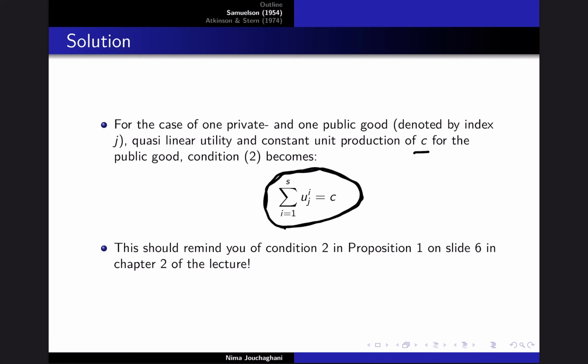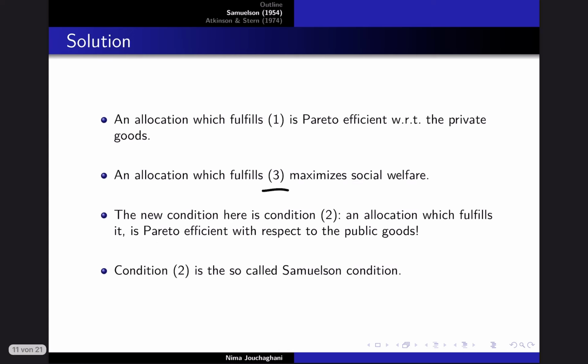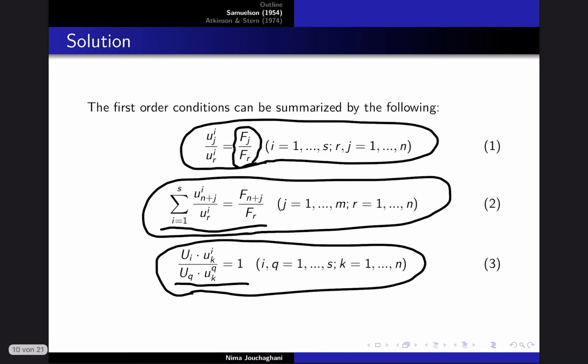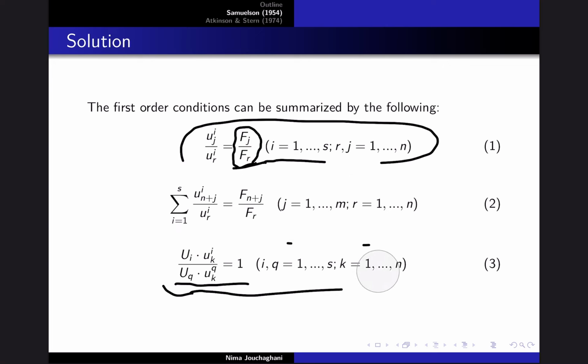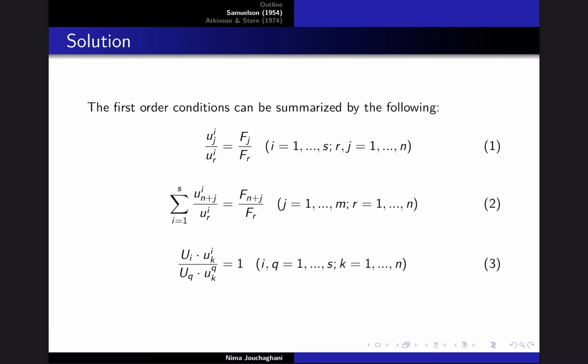This is saying that the sum of the marginal individual utilities for the public good should equal the production cost of the public good. The reason why condition 2 reduces to the Samuelson condition is, first of all, that we just have one public good and one private good. Since we have quasi-linear utility, the marginal utility of the private good is simply 1, so it disappears from the denominator here.